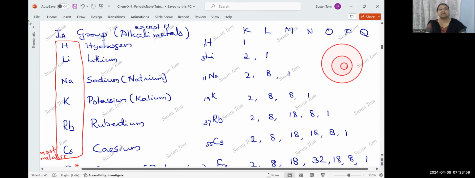Write the name, the symbolic representation with the atomic number at the lower side, and K, L, M, N, O, P, Q for the shells this way. Have you completed? And we will not say 2, 8, 18 and 32. When we come to CCM and make it 2, 8, 18, 18, 8, 1, the reason for 2, 8, 18, 32 you will study in class 11. Okay, it is written in this order because our properties are based on this structure.